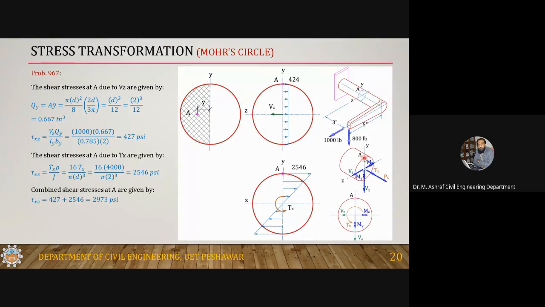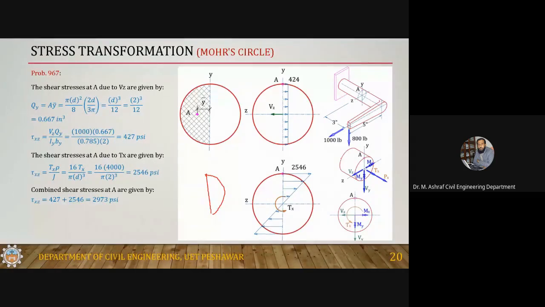Because this point is at the surface. If you draw the stress variation diagram on the vertical plane, where this is our y-axis and this is the depth, along the depth the stress variation is like this. This is the stress variation line. Since the point lies at the top, Vy is causing no stress at A, because at the top the stress is 0.